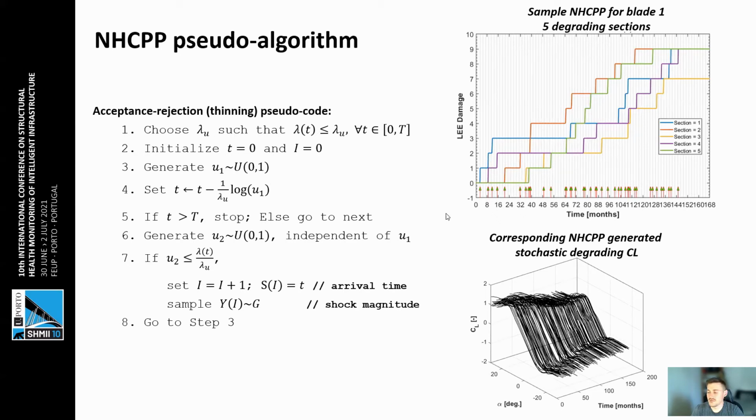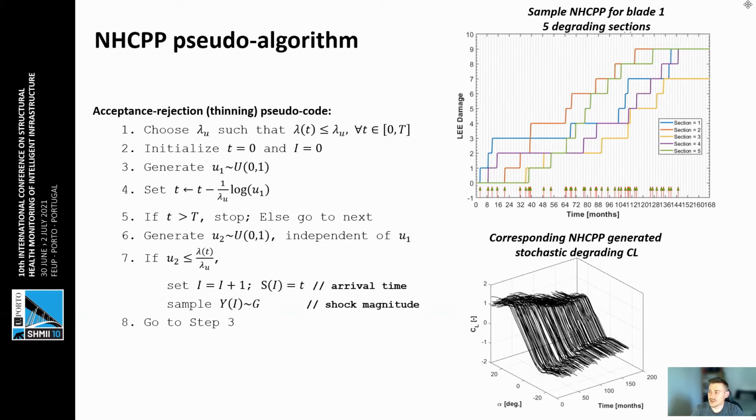And you can see that over time, we have shocks that arrive, and each section follows its own path, and this is due to the randomness included in this non-homogeneous compound Poisson process. To get a good idea of how a blade would degrade, we would need to run this process many times, as one path is not enough.